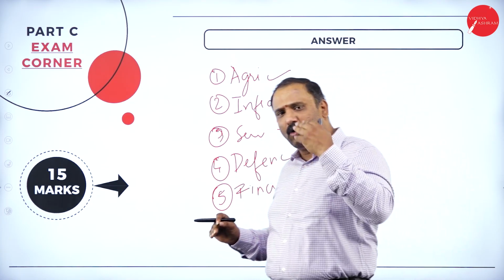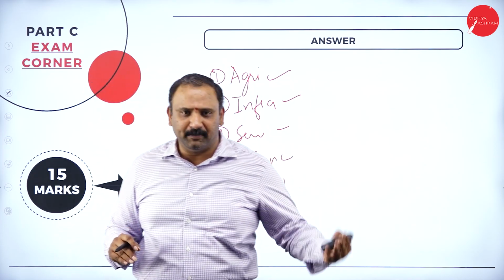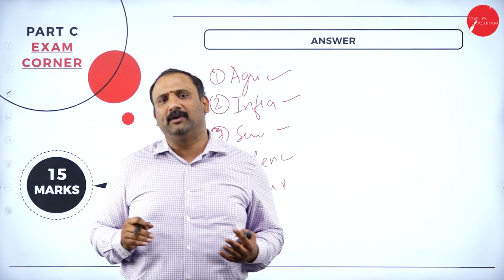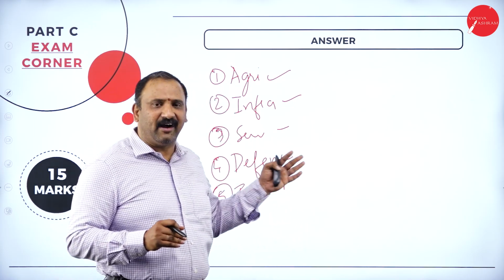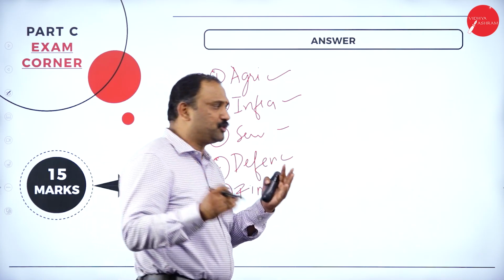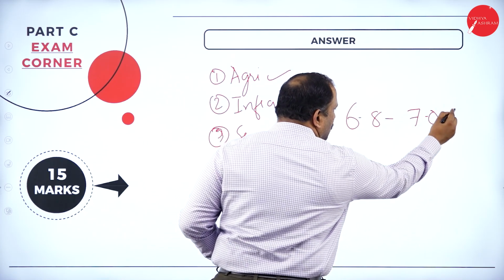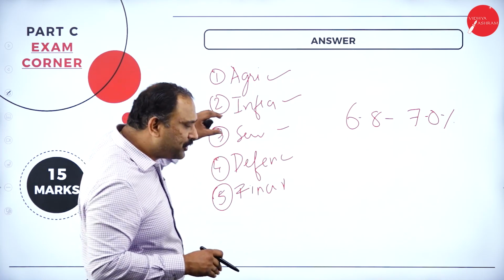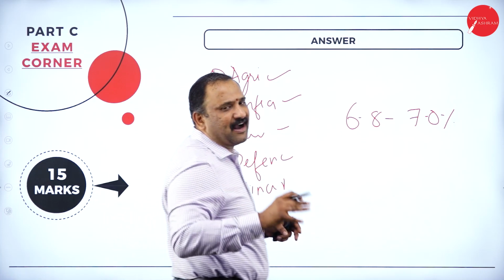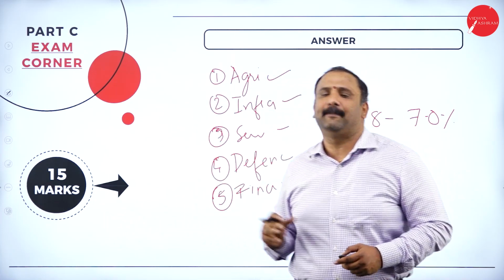In fact, we have overtaken some of the largest economies like Japan, Germany and the UK, and we are now the third largest economy in the world, with our GDP also growing at about 6.8 to 7%. All these factors you can put into the answer to prove clearly that India is definitely a developing nation.